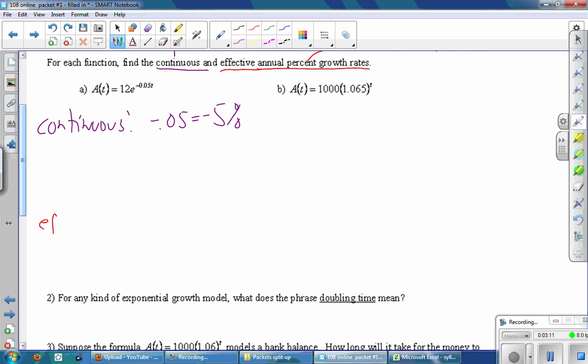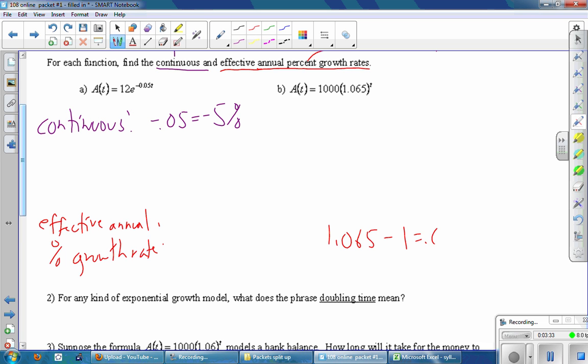The effective annual percent growth rate. I'll leave a blank space. We got work to do in the first example, but in the second example, it's just 1.065 minus 1. 0.065 or 6.5%.